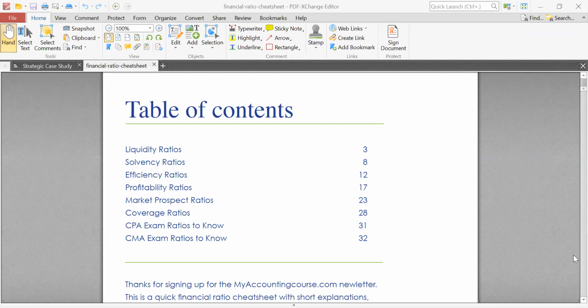As you can see in the table of contents, you have liquidity ratios, solvency ratios, efficiency ratios, profitability ratios, market prospect ratios, and coverage ratios. You don't have to really memorize them. The best thing is to understand them and know how to use them in the context of the case given.